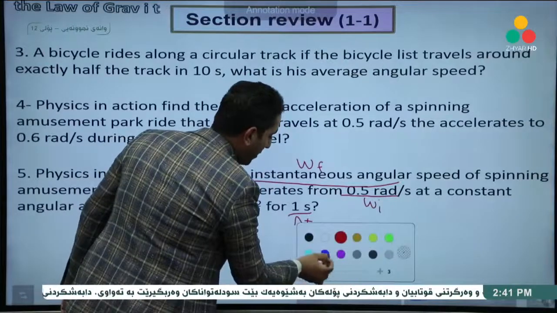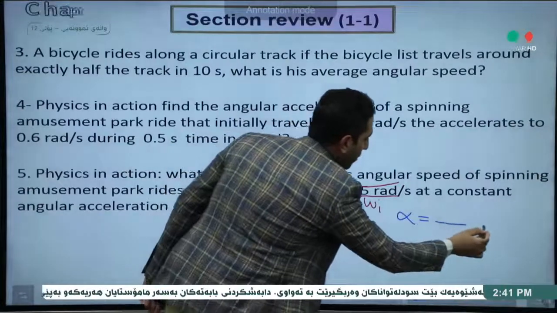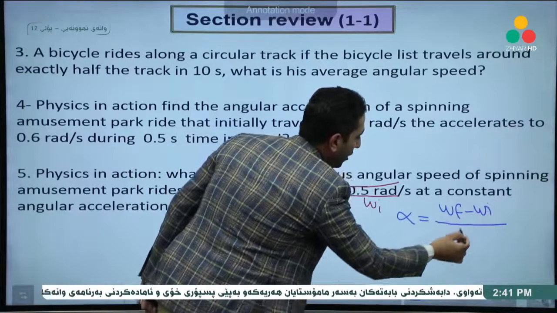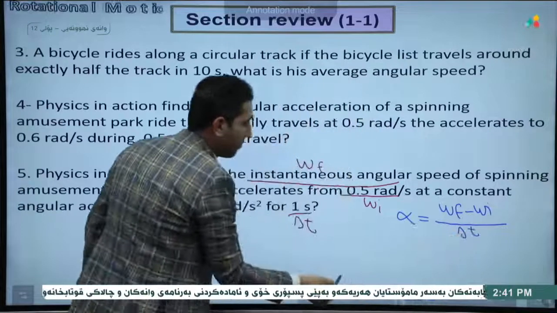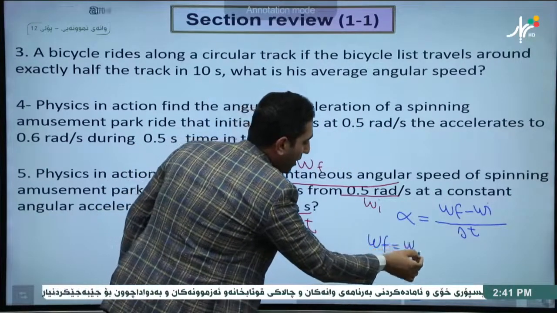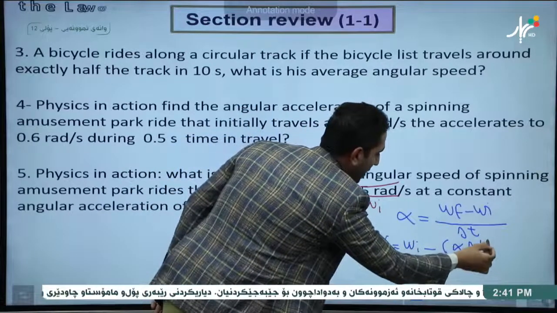You know that alpha is equal to omega final minus omega initial over delta t, and omega final is equal to omega initial plus alpha delta t.